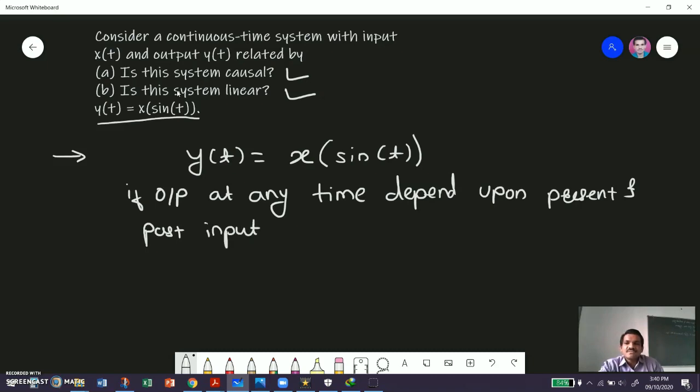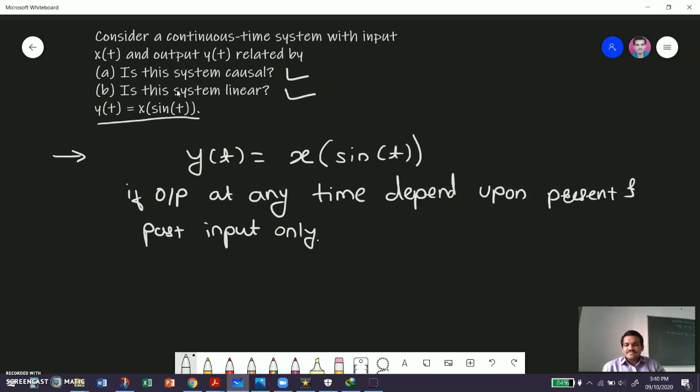If the output depends upon present input or past input only, then we call this system a causal system. But in this case, we have to check whether the system is causal or not.